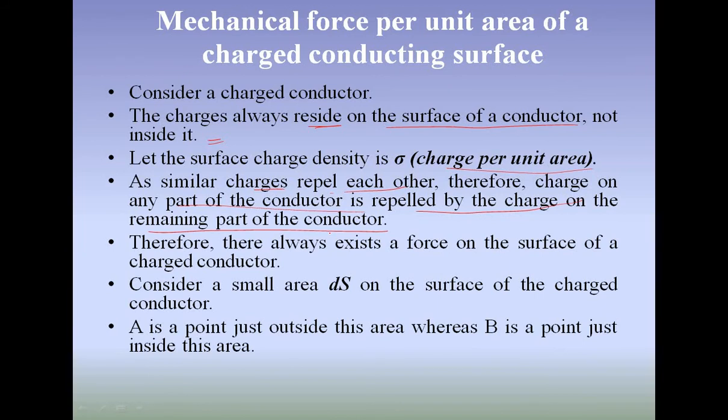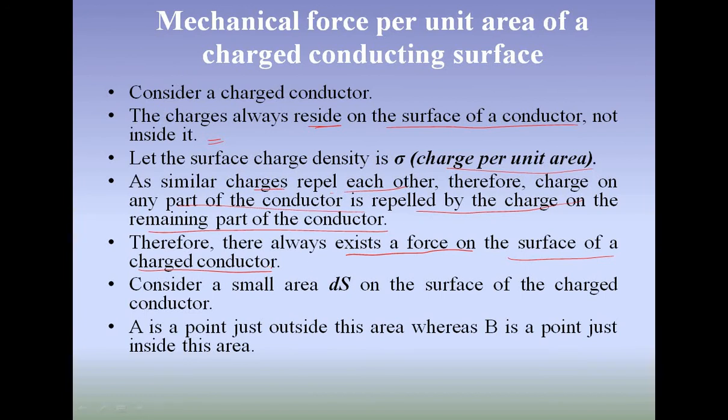So if we consider a particular part of a conductor, the charge on that part is repelled by the charge on the remaining part of the conductor. Therefore there always exists a force on the surface, so that this repulsion effect does not affect that, and these both can exist together.